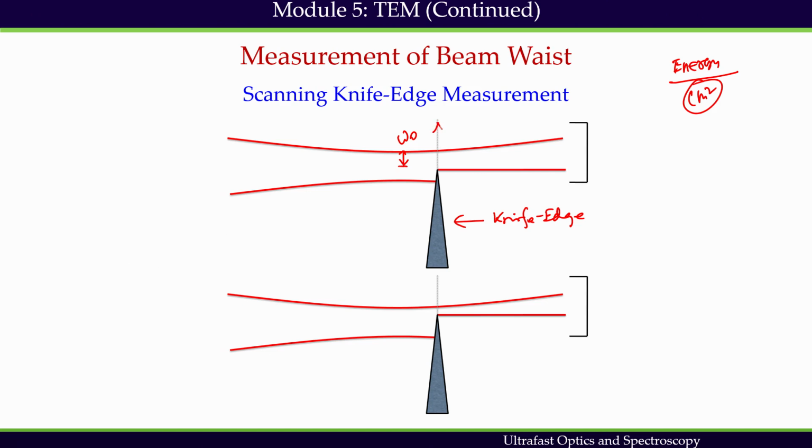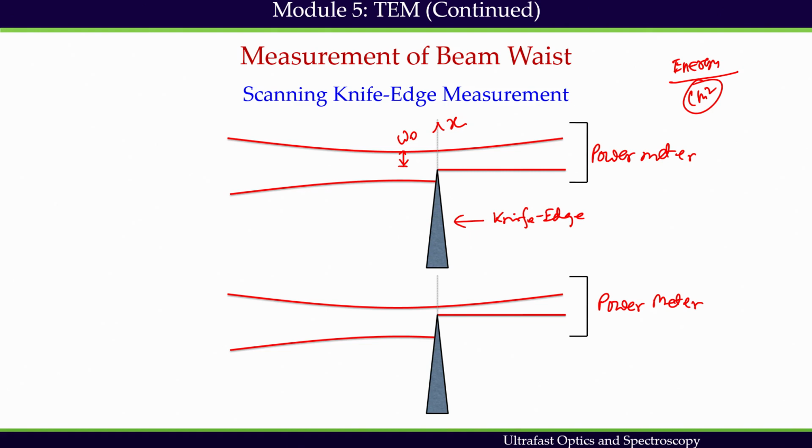We scan it along the x-axis, and this is the power meter. We measure the power as we block the beam by the knife edge, and the transmitted power is measured as a function of position across the beam, as a function of x, as shown here.